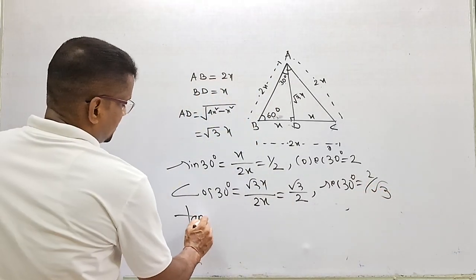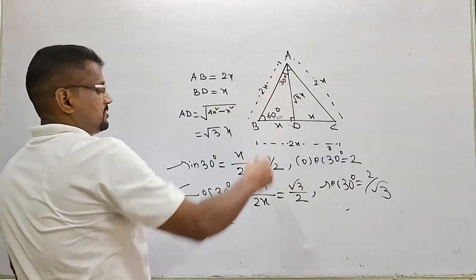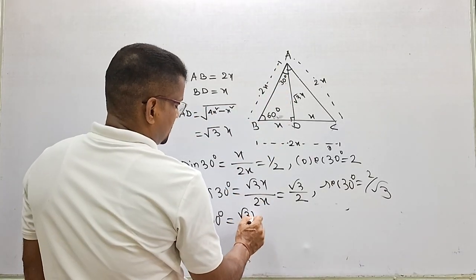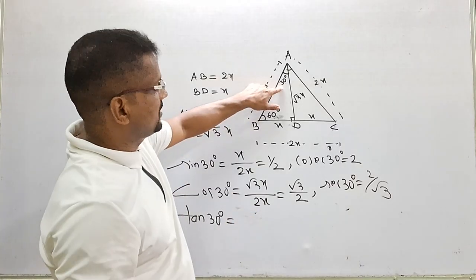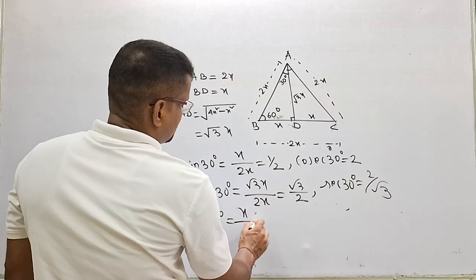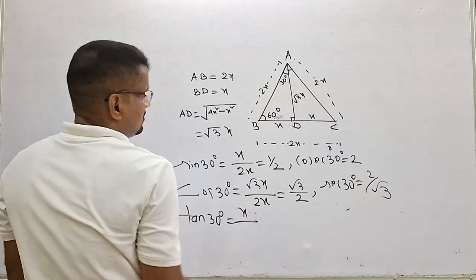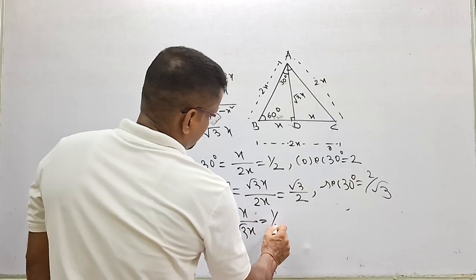Finally, tan of 30 degree. Perpendicular by base. Perpendicular is your AD, that is your root 3x. Sorry, perpendicular is not AD, because with respect to angle 30, perpendicular is BD. So therefore x by base, AD, that is your root 3x, which is your 1 by root 3.